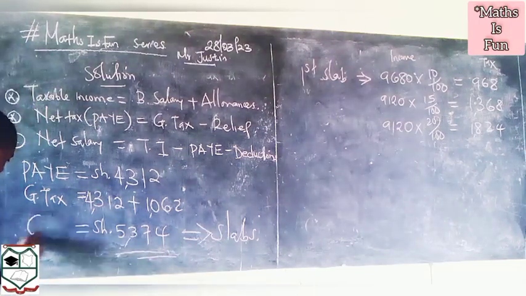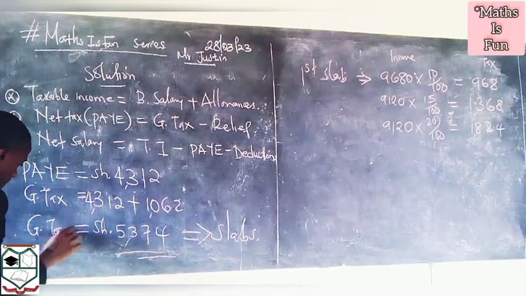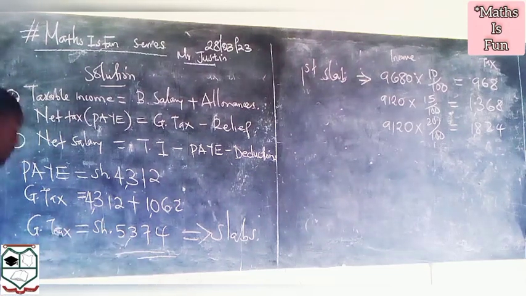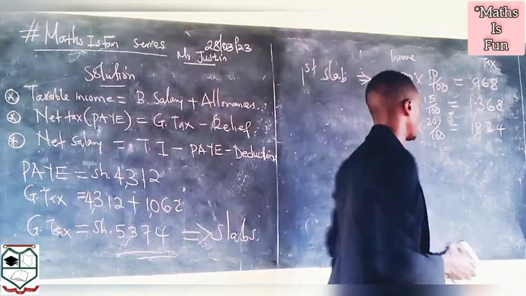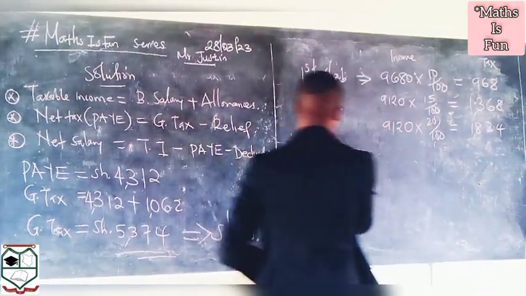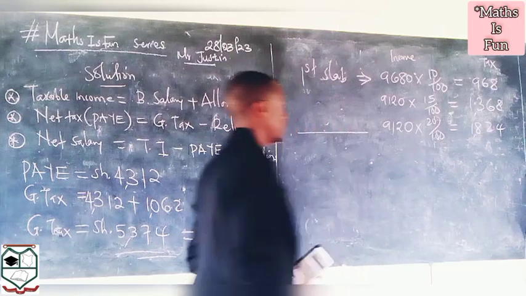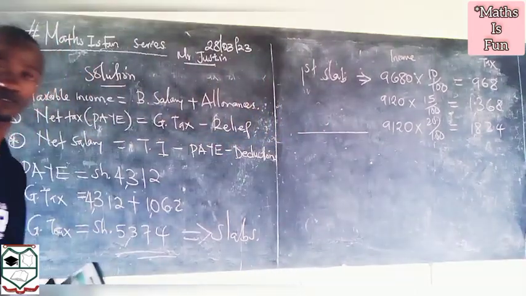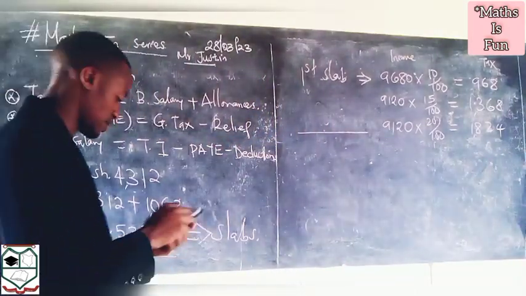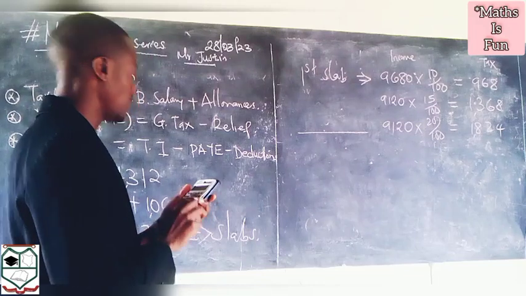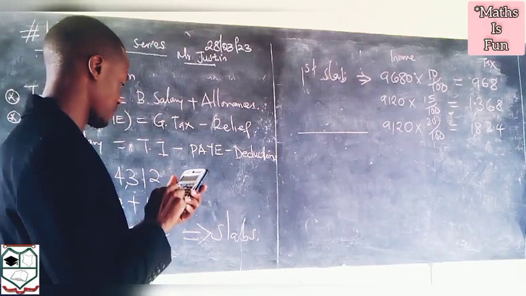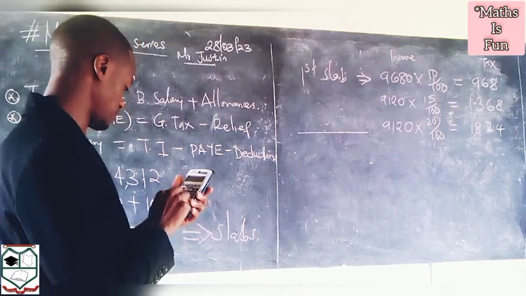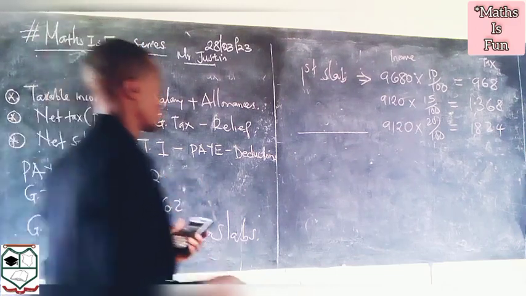This is the gross tax. So after doing maybe 1, 2 or 3 slabs, you can add up to find what gross tax you are having. You can add 968 plus 1368 plus 1824, you get 4160.